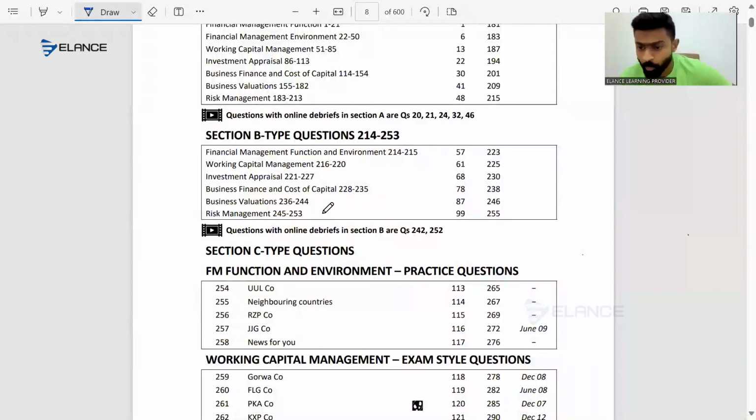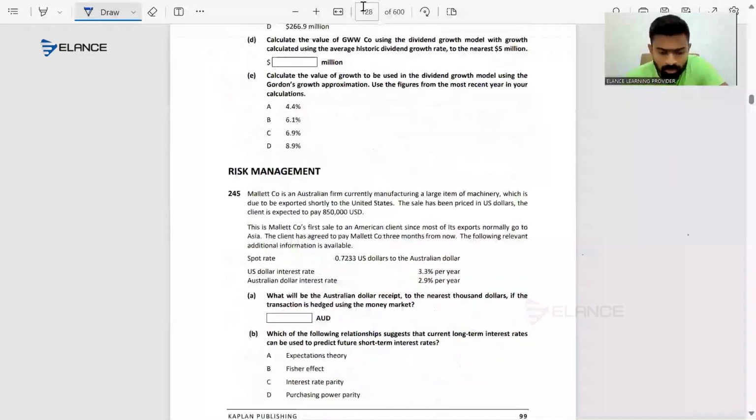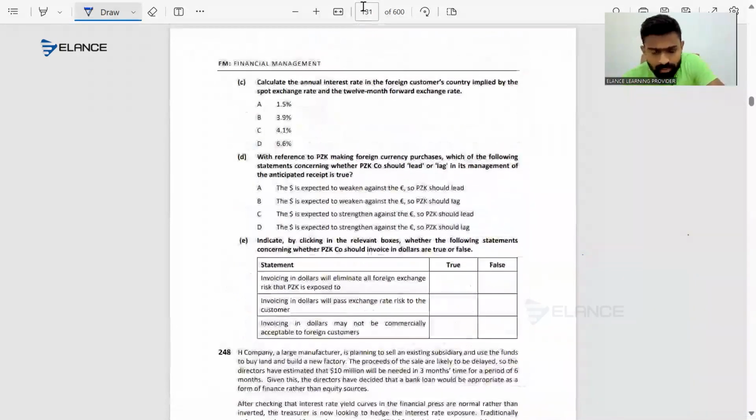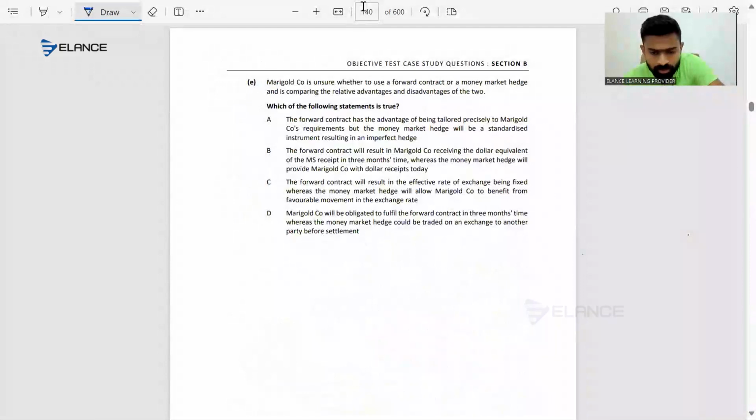Okay. Let's see more. Don't just learn this. You have to practice more. Then you will get more clarity. Section B, it's in 99, which means around 130 it will be. I'll take the latest questions. The latest question is Marigold.